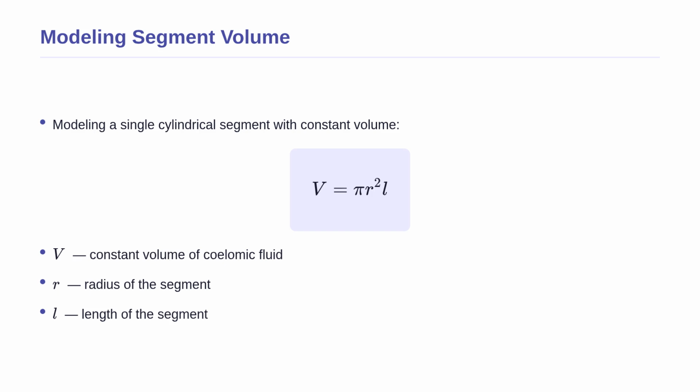The variable r is the radius of the segment, and L is its length. Because the fluid is incompressible, the volume cannot change. Therefore, any decrease in the radius caused by muscle contraction must result in an opposite and dramatic increase in the length to keep the equation perfectly balanced.